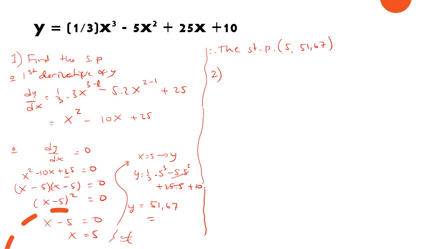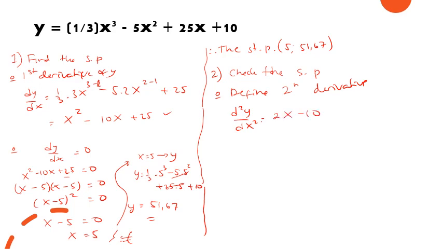Now we will check that through the second derivative. Check the stationary point, define the second derivative. d quadrat y over dx quadrat is 2x minus 10.